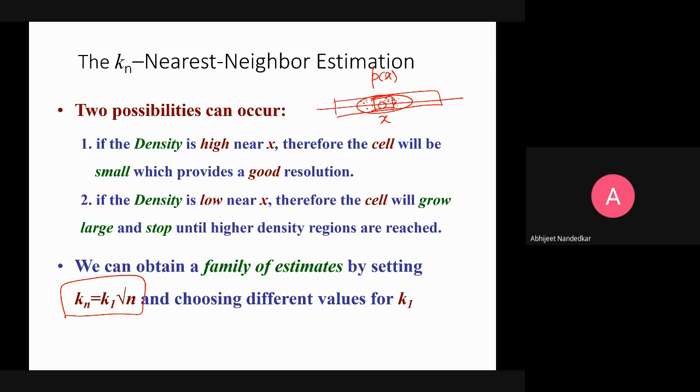Instead of kn equal to root n, we can play with this k for different values by setting an extra parameter k1. We can put some arbitrary value of k1, and then we can find different kn values. Okay, so that is what this means.